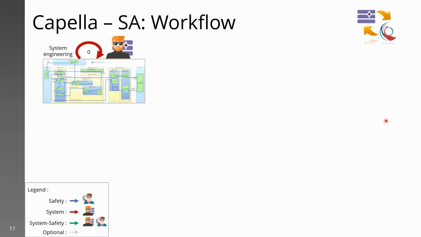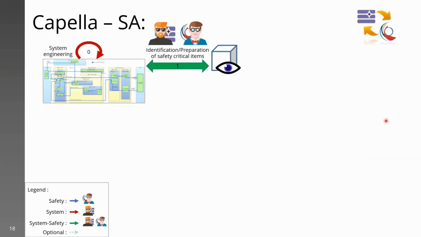When you have a first functional architecture, for instance, the system team and the safety team can have a meeting where the system team presents the system model to the safety team. Maybe they can also already talk about the safety, discuss the hazards and things like this.